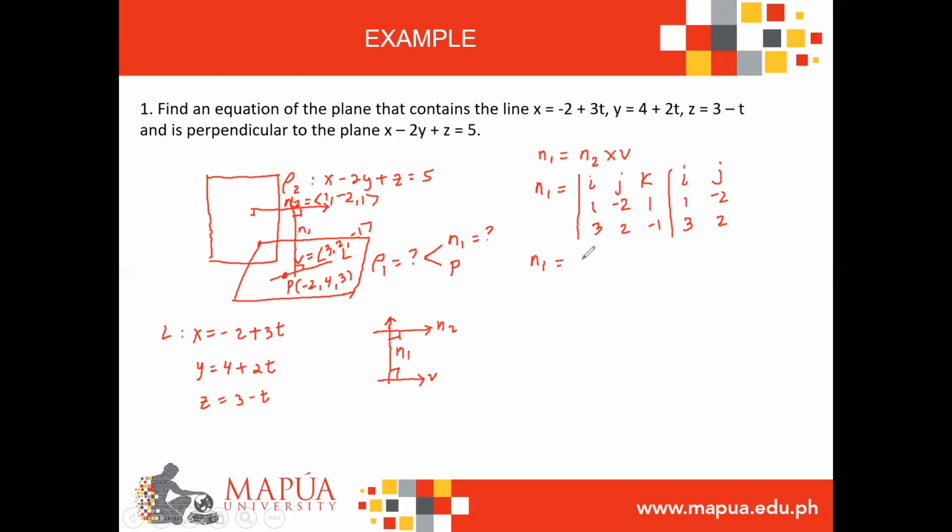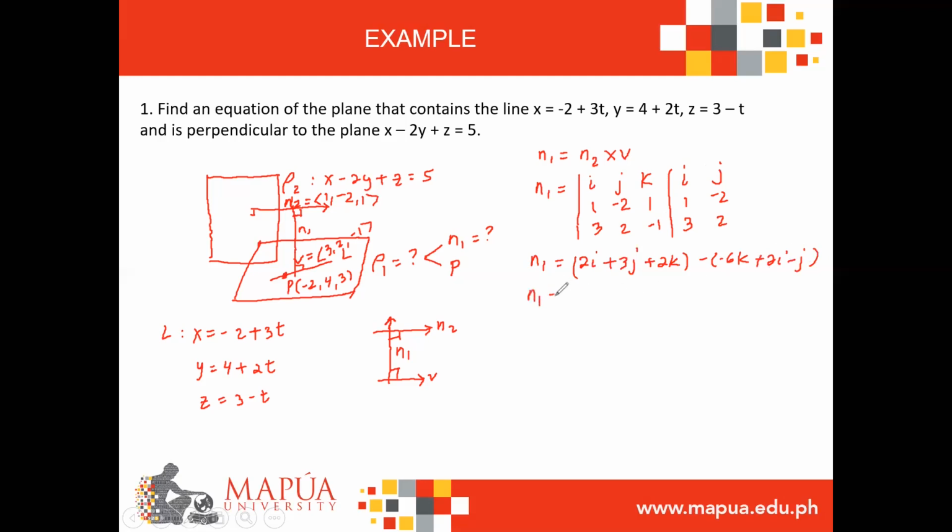So this is now 2i, then plus 3j, then plus 2k. Then minus the other side, that's negative 6k, then positive 2i, then negative j.